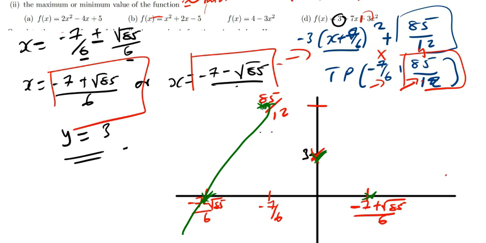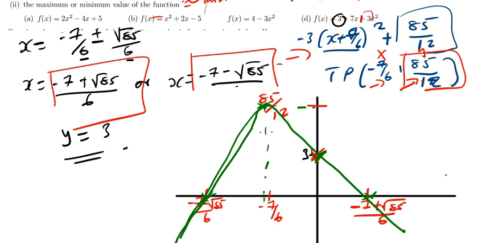That's why we call that a turning point. It's a point where the graph, when it reaches there, it will turn. A line of symmetry, you put a dotted line like that. That is negative 7 over 6 comma 85 over 12, like that. That's how we sketch. At this point I can declare that I'm now tired.